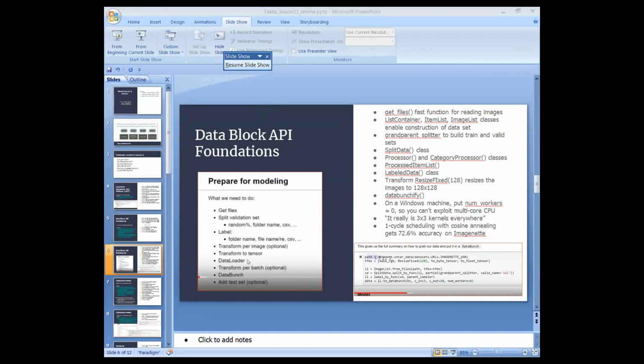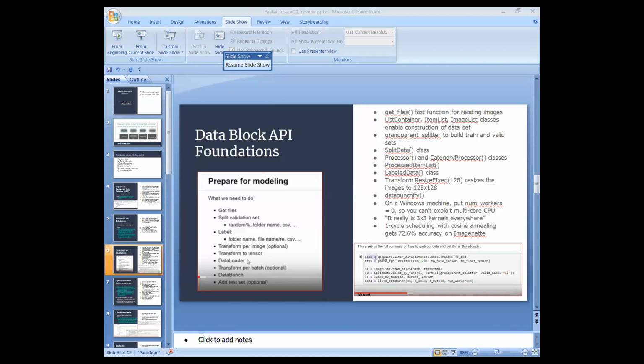Then for each image, you might need to transform the image. You might need to transform it to a tensor. You need to load the data to get ready to put it on CUDA. And then you might need to do some more transformations on batches that have to do with normalization or statistics or something like that.